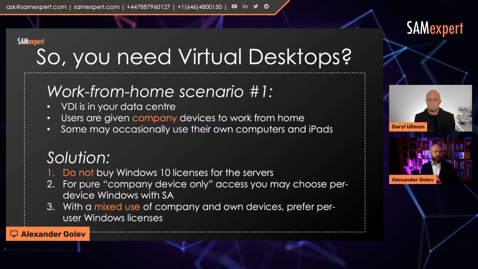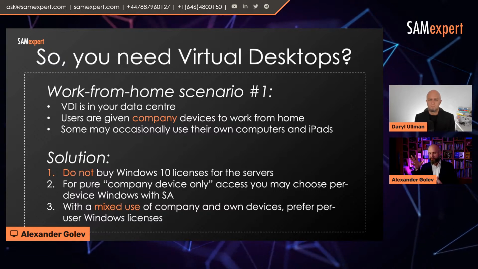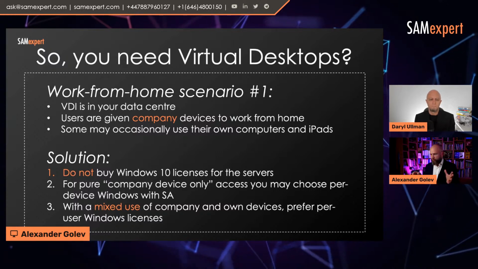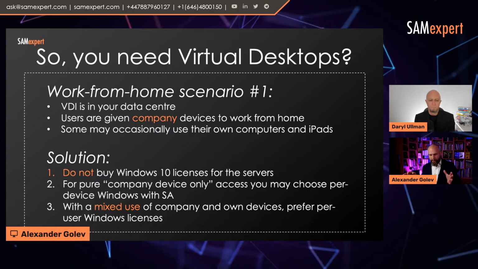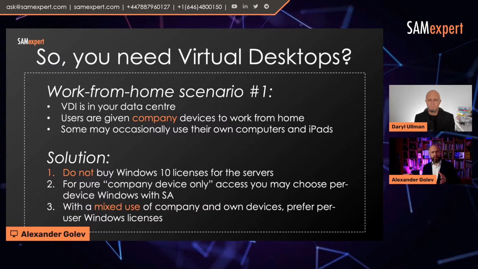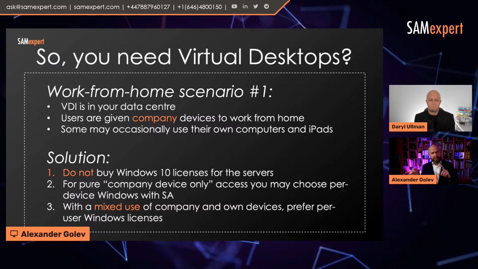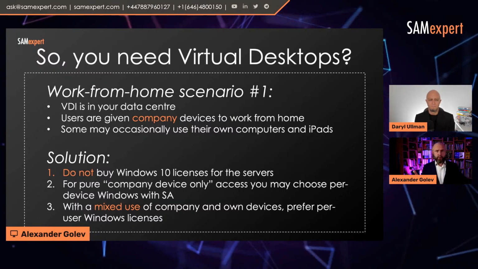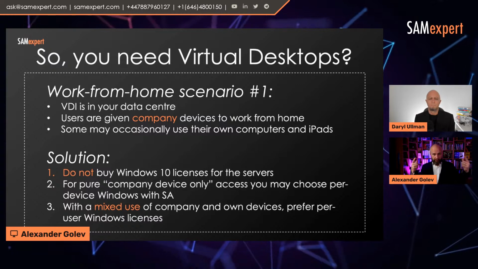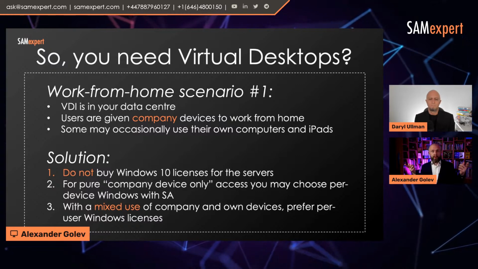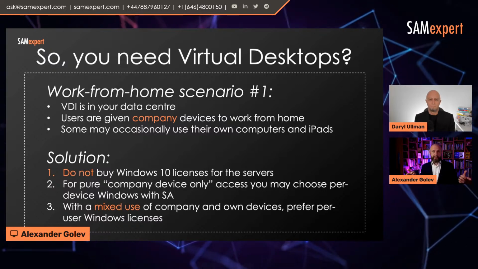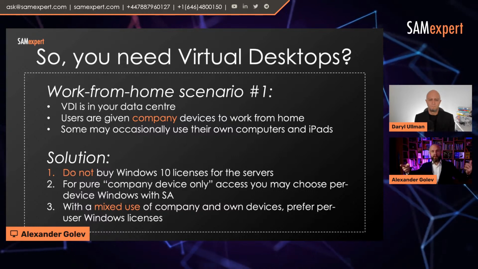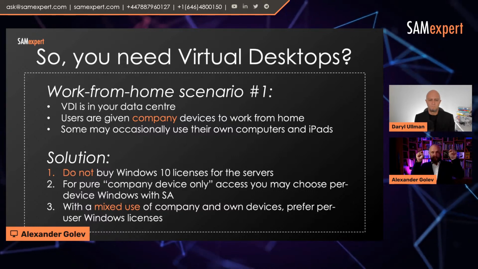Because when the user has multiple devices, you never know if they're going to use a company device or their own device. And how do I convert users from device licenses for Windows to user license? If you have an enterprise agreement, you probably do, buy add-on licenses that convert device to user licensing and make your life easier in such a scenario.